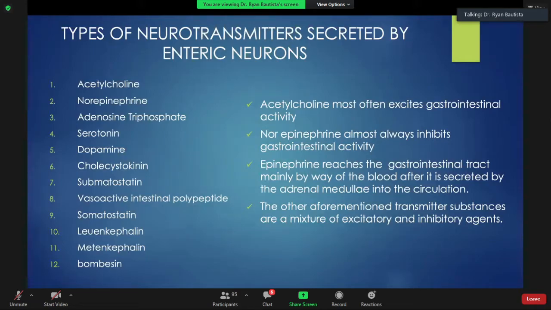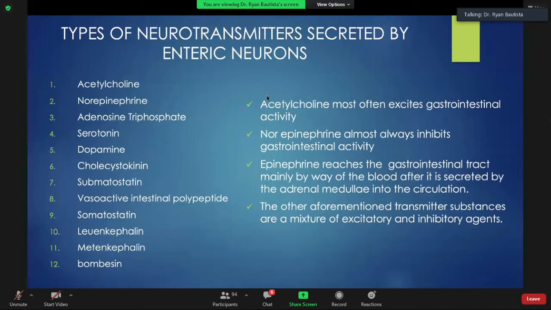Acetylcholine is the most often excitatory transmitter in your gastrointestinal tract. Norepinephrine almost always inhibits it. Epinephrine reaches the GI tract mainly by the blood after it's secreted by your adrenal medulla in times of adrenaline rush or emergencies. For parasympathetic, of course, it's acetylcholine.